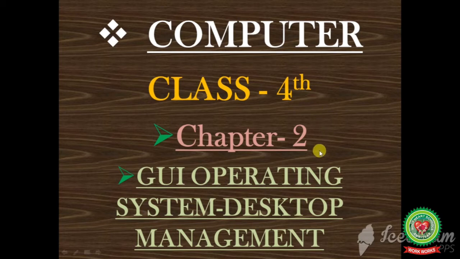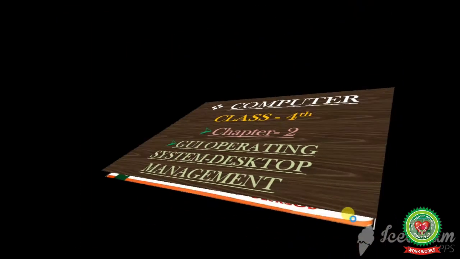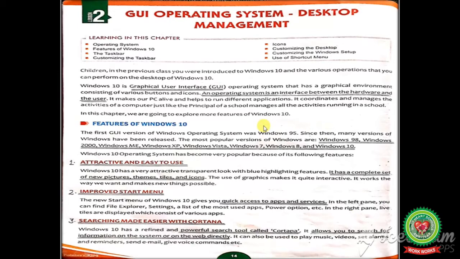Today, we will continue with chapter 2, GUI Operating System, Desktop Management. Previously, we have learnt about graphical user interface and operating system, and the first three features of Windows 10, that is attractive and easy to use, improved Start menu, and searching made easier with Cortana.